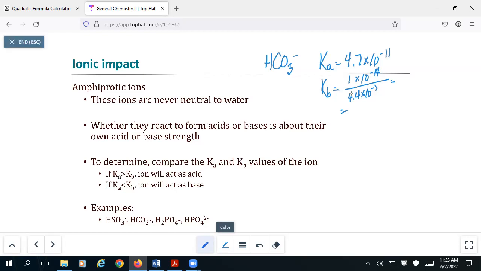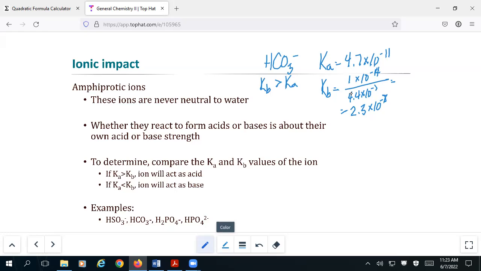We get 2.3 times 10 to the negative eighth. So in this case, the Kb for the bicarbonate ion is better than the Ka. We would anticipate that, if all things are held equivalent, the bicarbonate ion is going to act like a base.